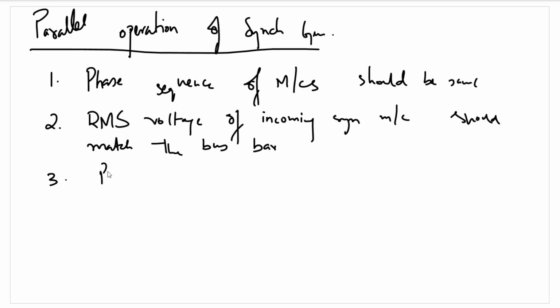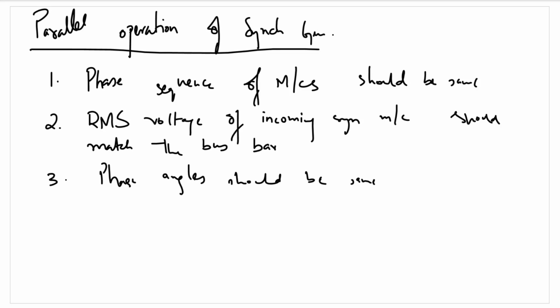Phase angles should be the same. We cannot have one synchronous machine at a phase of 30 degrees and another one at a phase of 45 degrees. This is very important to make sure that both the machines are actually synchronized together.